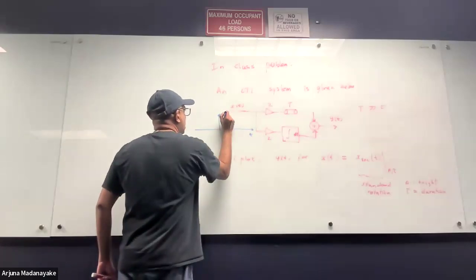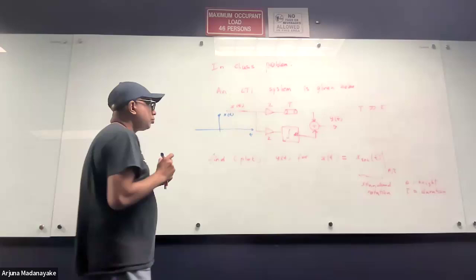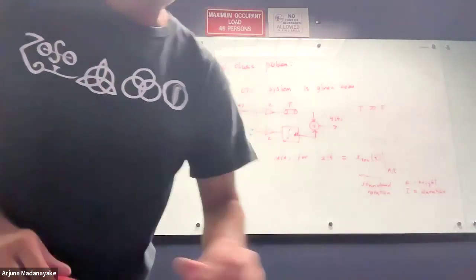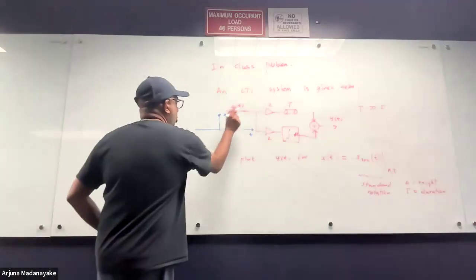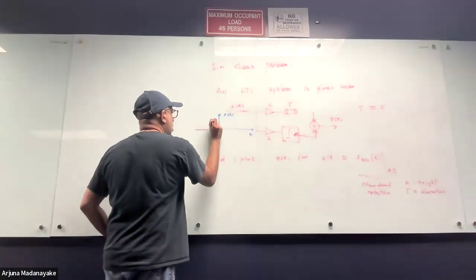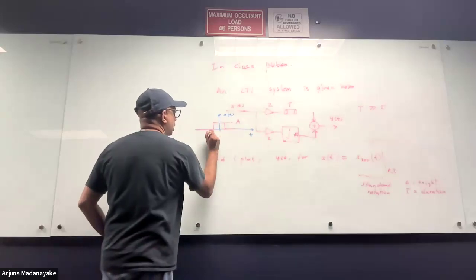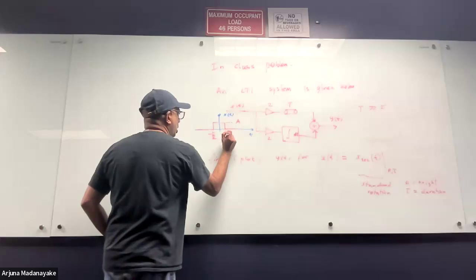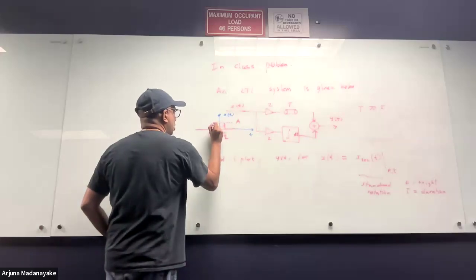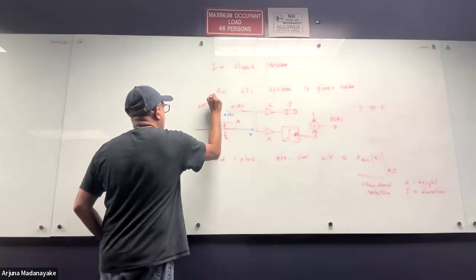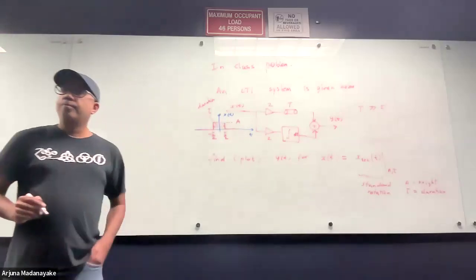That is my x of t. My input side is just a pulse, like so. The height is A. This is minus tau by 2 to plus tau by 2. Duration is tau. Rectangular pulse.